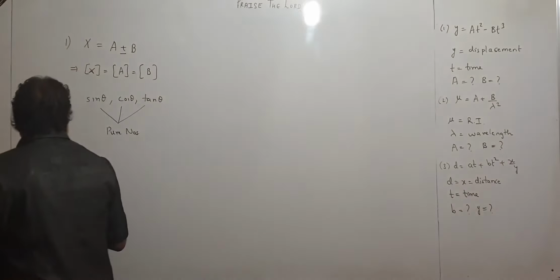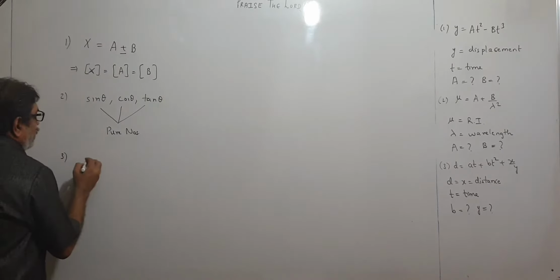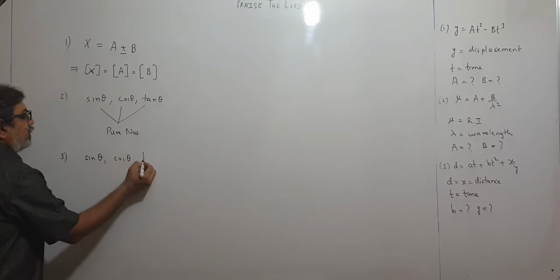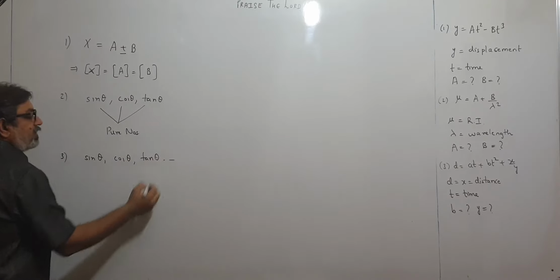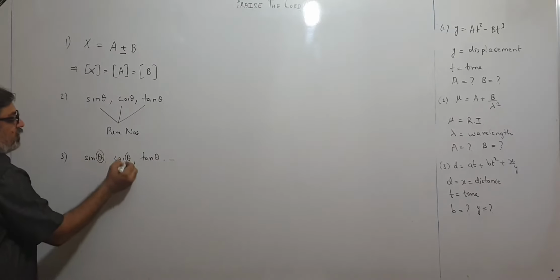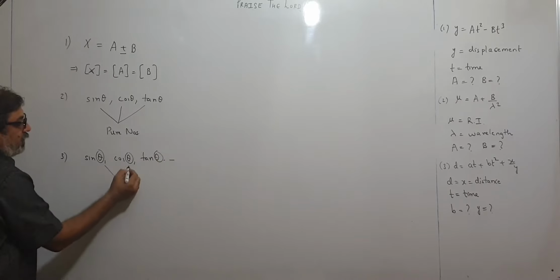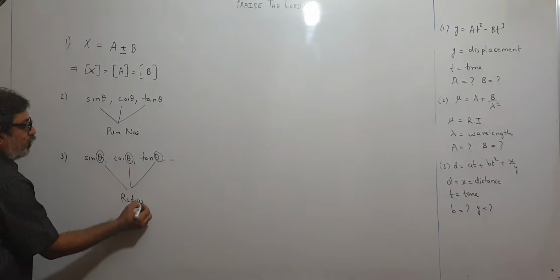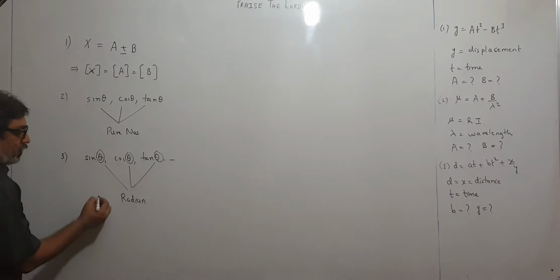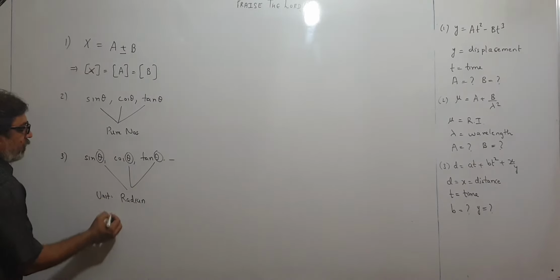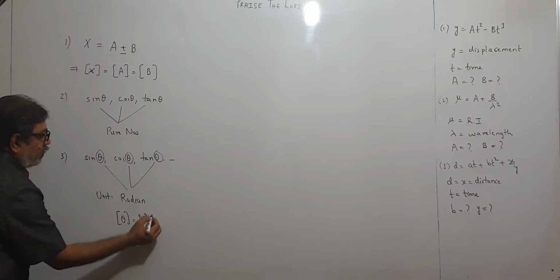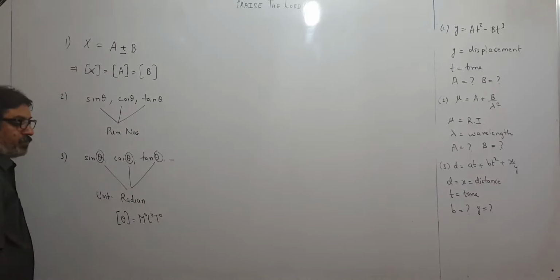About units, please remember children, in the expressions like sine theta, cos theta or tan theta, etc., this theta will have unit radian. Unit will be radian. But dimensional formula for theta will be M0, L0, T0.